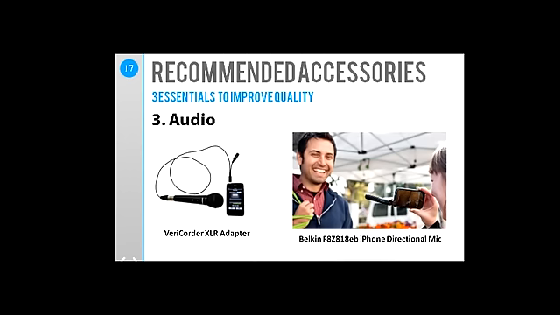It's the Belkin iPhone directional microphone. It plugs right into the mic port here, and then you can tighten it down with a little screw there. And it's $35, $40. I've heard the quality is really good, so I'd recommend that one. And that's something you can actually keep in your pocket. You don't have to worry about any adapters because it plugs right in.